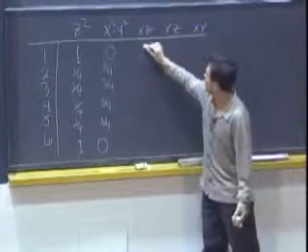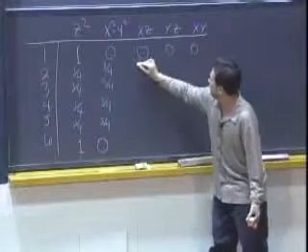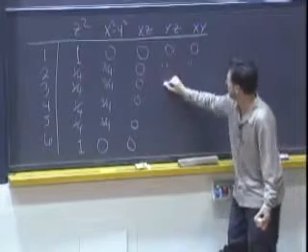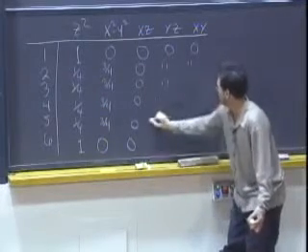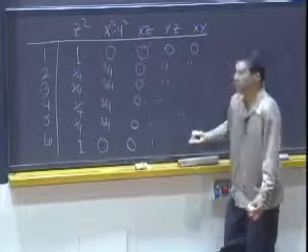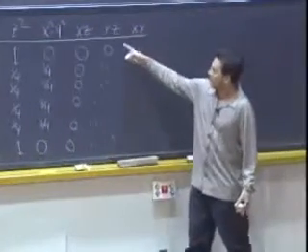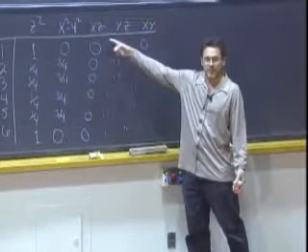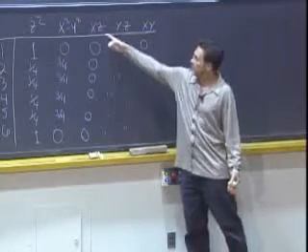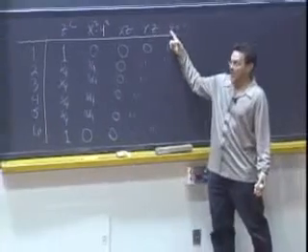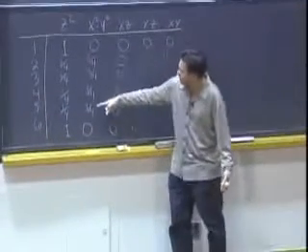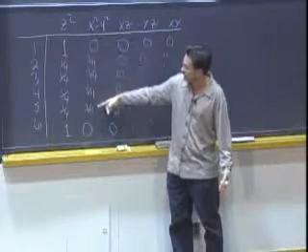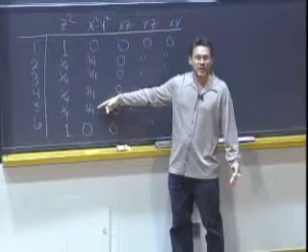So this is 0, 0, 0, and so on. So all the ligands 1 through 6 lie on nodal planes of xz, yz, and xy. Only 4 of the ligands interact with x squared minus y squared: ligands 2 through 5, because those are the ones that lie in the xy plane.